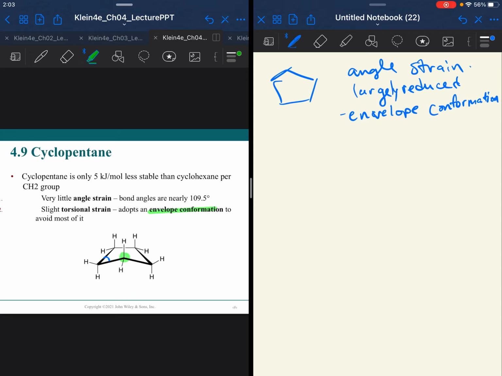As this molecule bounces around in solution, this one will fold up and then come back down. This one will fold up and come back down. And so you're reducing that torsional strain on each bond a little bit as it rotates through the different conformers.